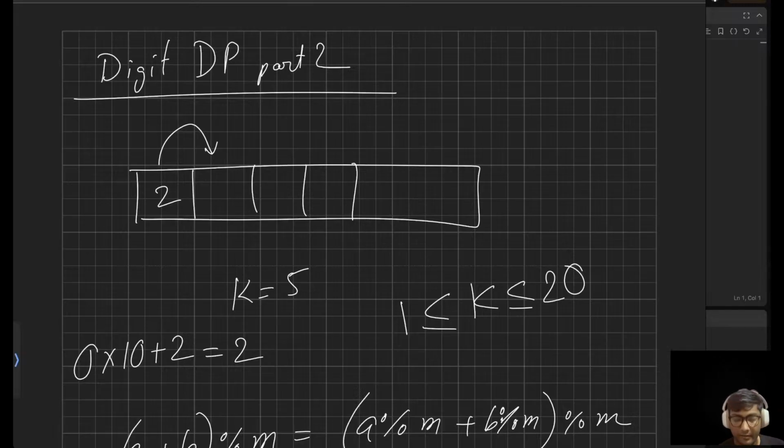Let's say I put a digit 3. Now I know that up to here the modulo 5 is 2. The new number that is formed is 2 times 10 plus 3, and I want to calculate the modulo 5 of this.